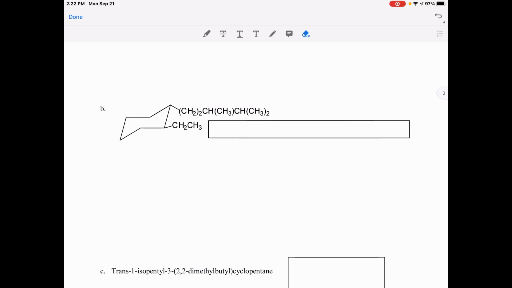We can do that by seeing the length of the main chain of the longest substituent that we have right here, and that would be this complex substituent. So let's draw out that main complex substituent, as you can see. Let me expand it out.